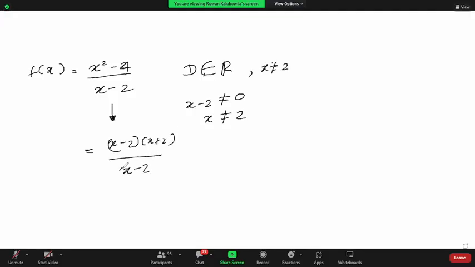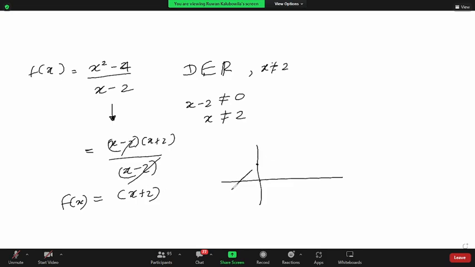So we can cancel out a term here, and we end up with f(x) equal to x plus 2. So x plus 2, you can draw the graph. When x equals 0, the value is 2, and then you have a graph like that. This is f(x) at this level.